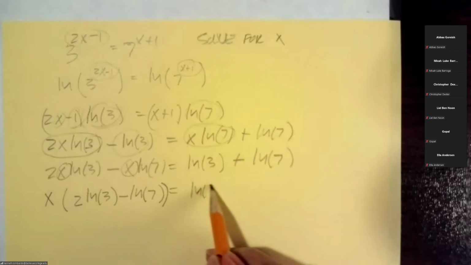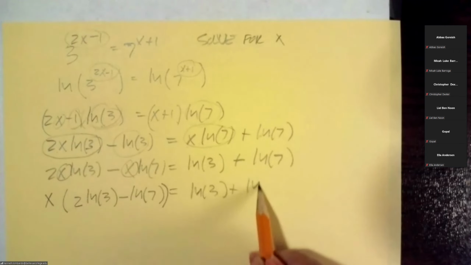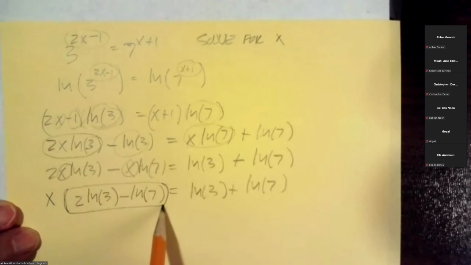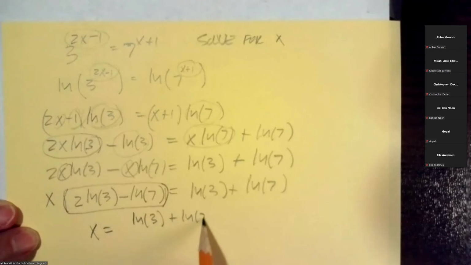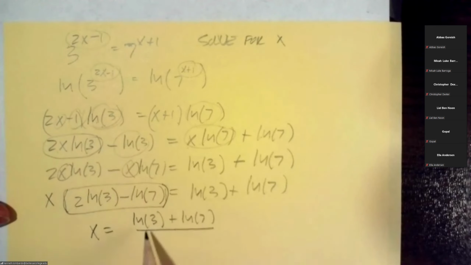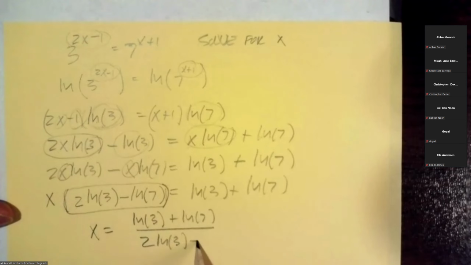And then we'll divide by this value here. So x equals ln 3 plus ln 7 divided by 2 ln 3 minus ln 7.